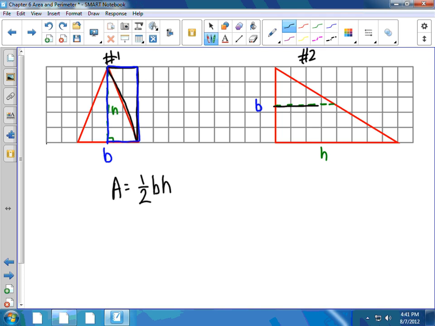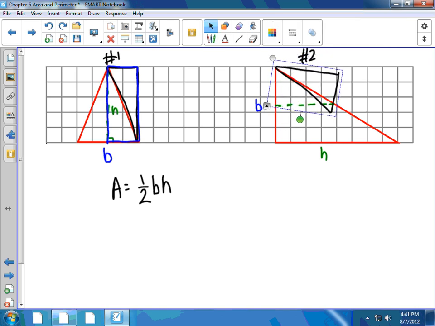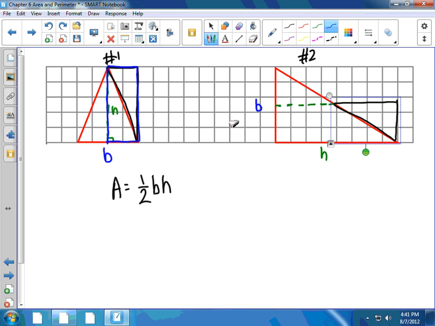And I'm going to draw that triangle in. So we see we already verified that we cut it in half. When I connect it here, I'm going to get another rectangle that has a base that's half the base of the triangle. So again, area equals 1/2 base times the height.